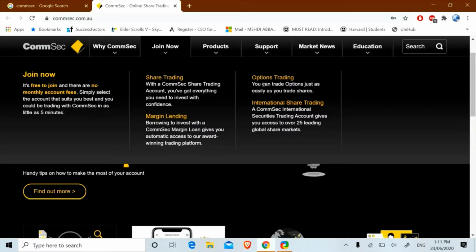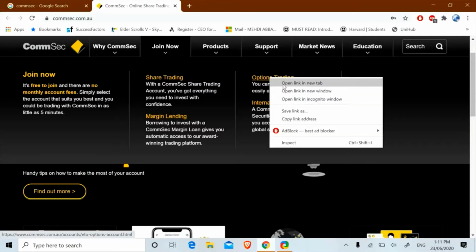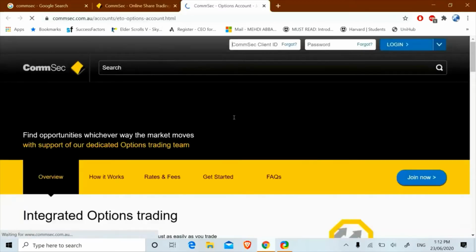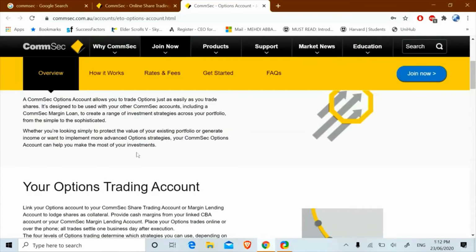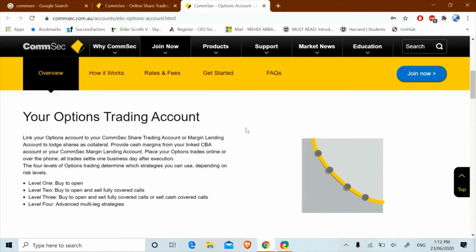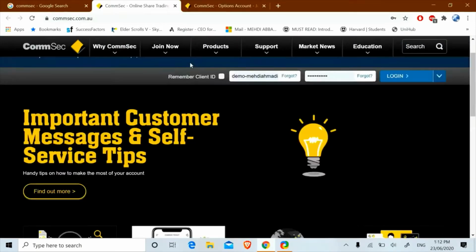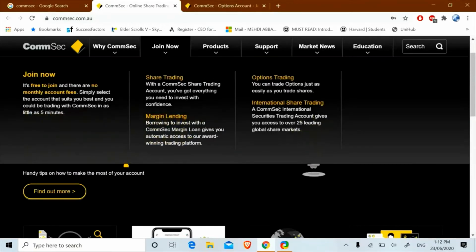Options trading is also for high traders who have more knowledge about the stock market. This is almost different from the stock market. International share trading is opening up to international markets.